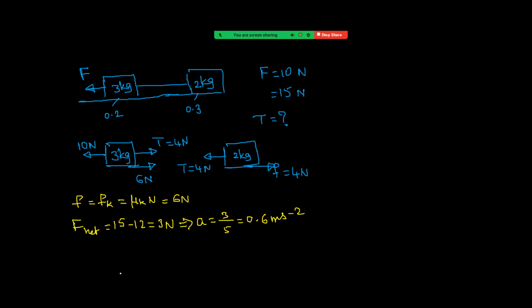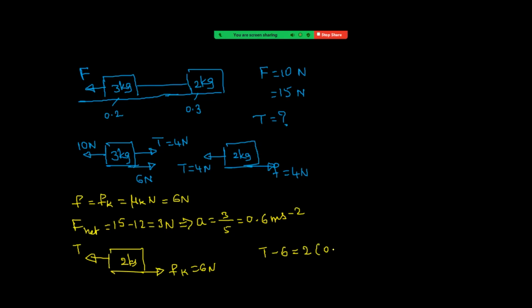Okay, right. Now I am focusing on the 2 kg block. Then see what happens. The tension, how much tension? That we have to calculate. Since it is moving, friction is kinetic, which is equal to 6. So the net force is now T minus 6. This net force equals mass into acceleration.